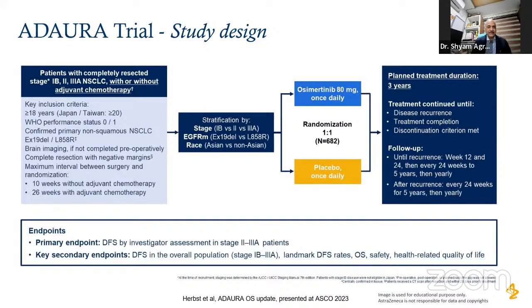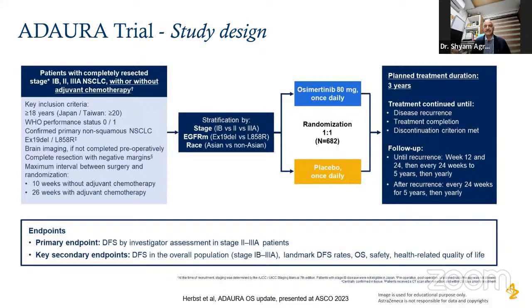The maximum interval between surgery and randomization was 26 weeks if the patient had received adjuvant chemotherapy, and around 10 weeks for those who did not. Then the stratification had three factors: stage 1B versus 2 versus 3A, type of EGFR mutation, exon 19 deletion or L858R, and Asian or non-Asian.